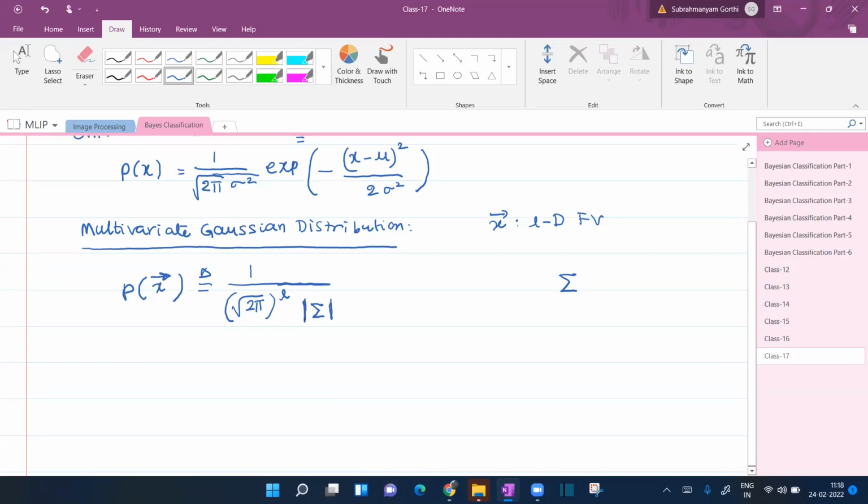And I take the determinant of it and then the square root of it, where this is a covariance matrix. Notice here, as I am taking a determinant, will that be a scalar or a vector now? Scalar. That's all. You are taking a determinant of it. Okay. Covariance matrix. What would be the dimensions of it? L cross L. Right.